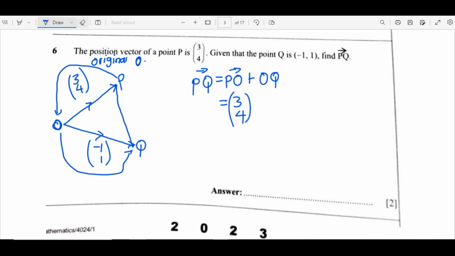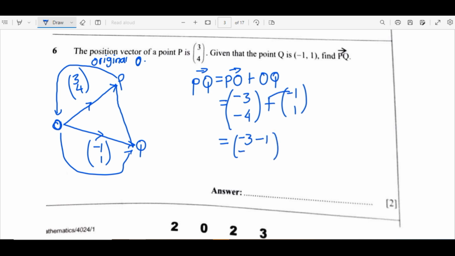Now before I forget, look at this. OP is 3 over 4. PO, this is same as we are moving against the direction, so we need to introduce the negative to 3 and 4. So we are going to have negative 3, negative 4, since we are moving against the arrow, plus here we are going to have negative 1, 1, like this. Here we have negative 3 plus negative 1 is negative 4.